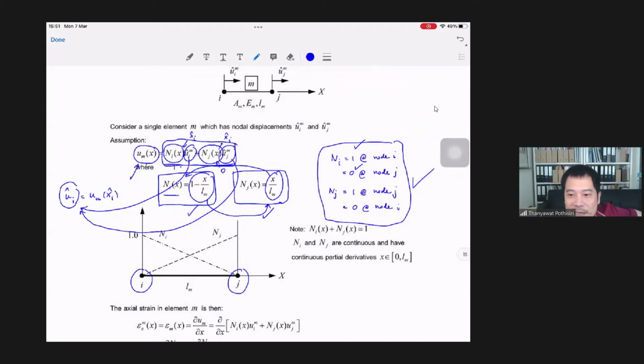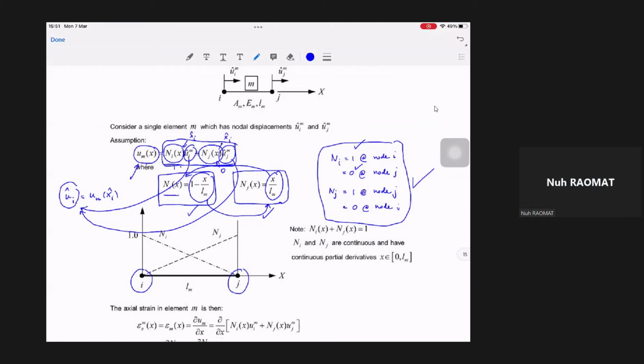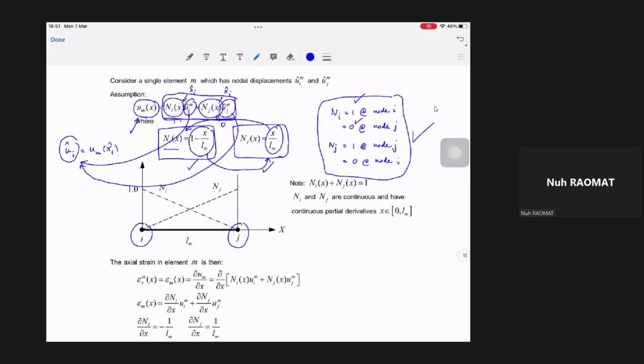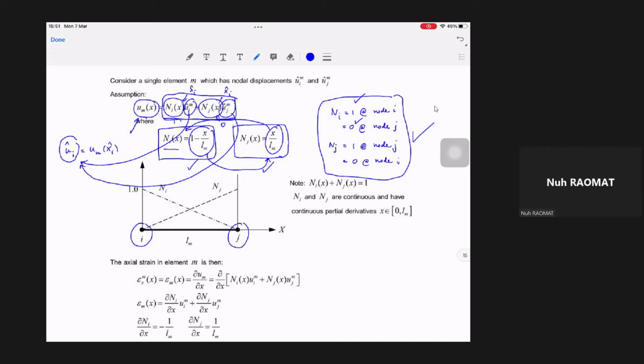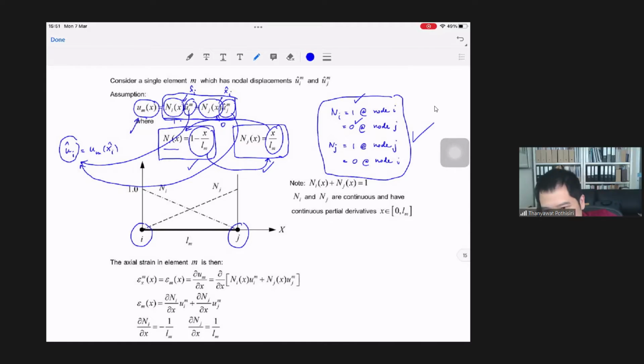No, my question was, can I use higher order approximation function for displacement? In this case, I think we cannot use. And why not? No, because it's not a linear function. If we use a higher order function, right? Why do we have to use a linear function?